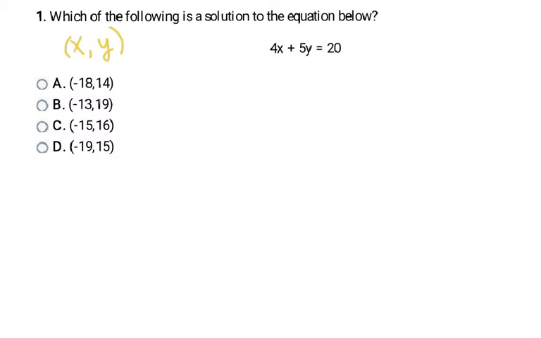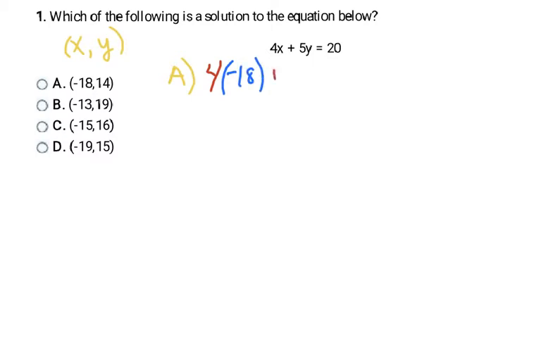So what I'm going to have to do is just try out each one of these problems. I'm going to substitute my x numbers in for x and my y numbers in for y. So I'm going to go ahead and try out letter A. And so my equation is 4x, but this time instead of writing x, I'm going to write my x number, negative 18.